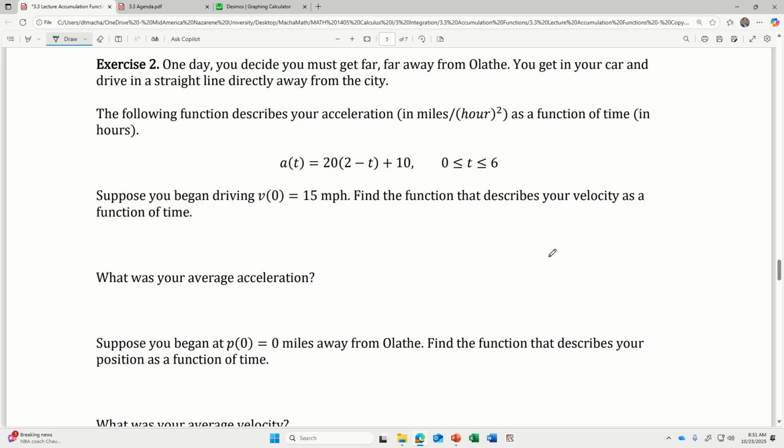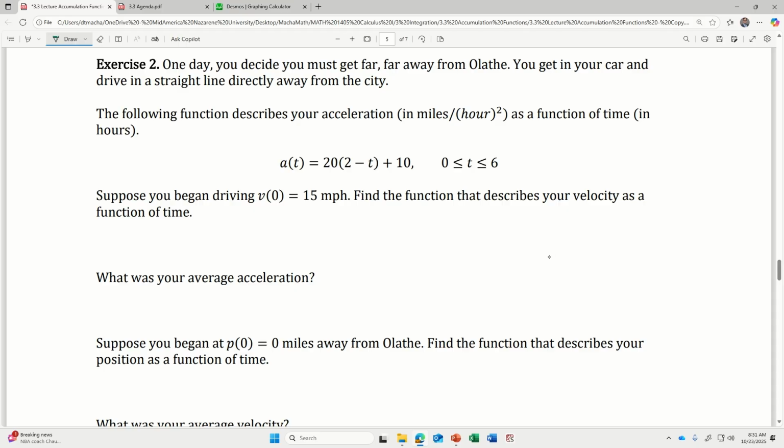Since velocity is like the rate of change of position, you can think of position as being like an accumulation function of velocity. Like my distance is really what it looks like to accumulate speed over time, if you want to think about that.